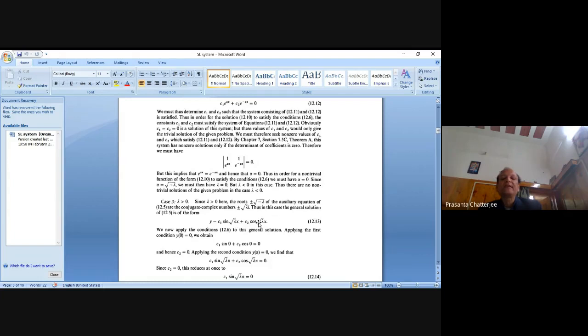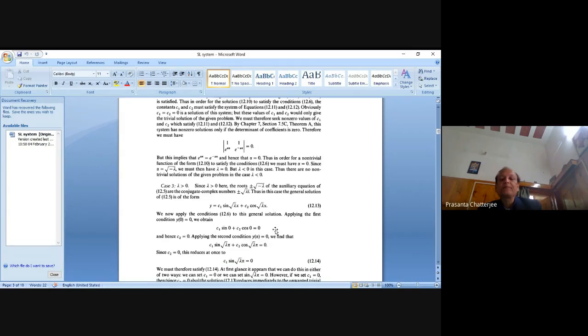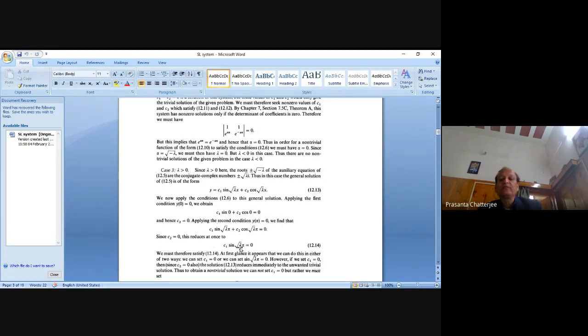If we put the second boundary condition, x equal to pi, y equal to 0, then c1 sin root lambda pi equal to 0. Now, in this equation, it can be seen easily that sin root lambda pi is not always positive or negative. It may be 0.